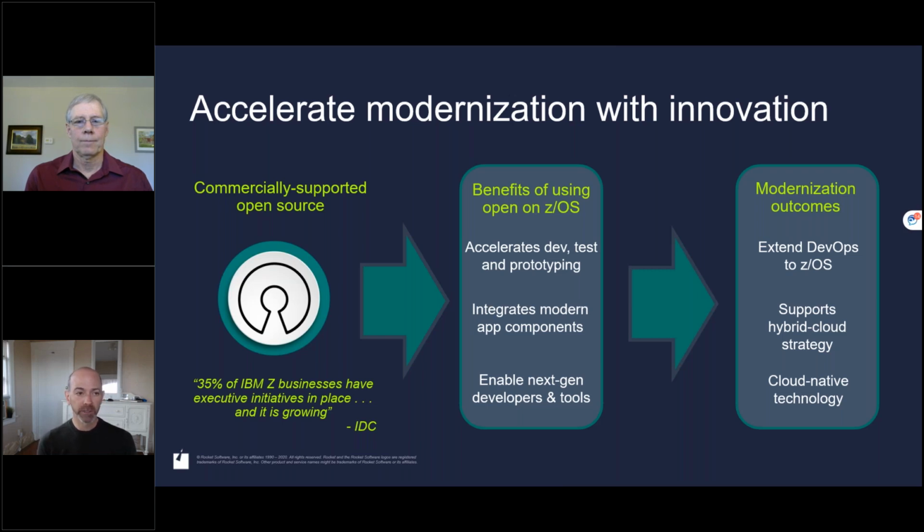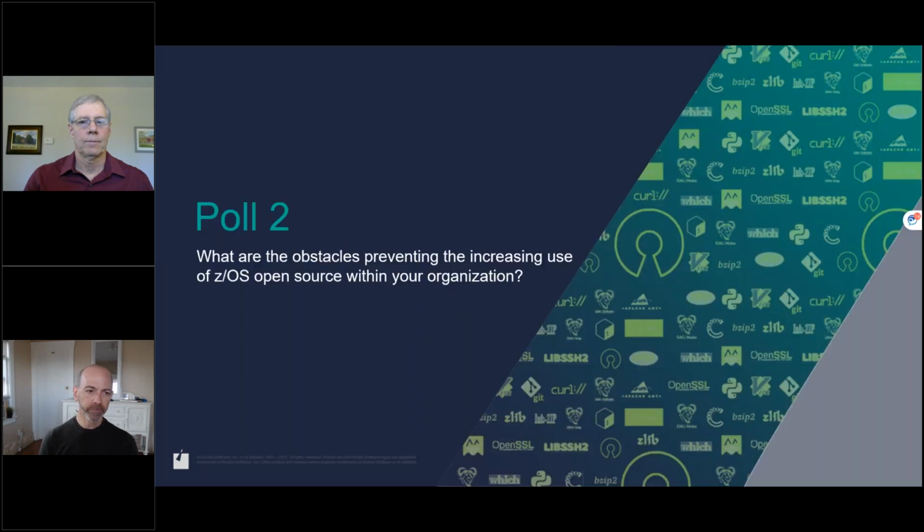So basically, if you want to staff up more application development on the mainframe, you really have to have open source, because those are the tools and languages that the next generation of developers expect to use. Also, there's an important cost savings in terms of standardization, and that's where all the latest technology is going, is in open source. So if you want the latest tooling, you've got to have open source.